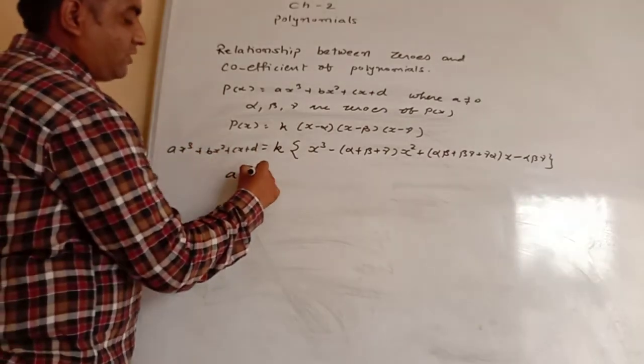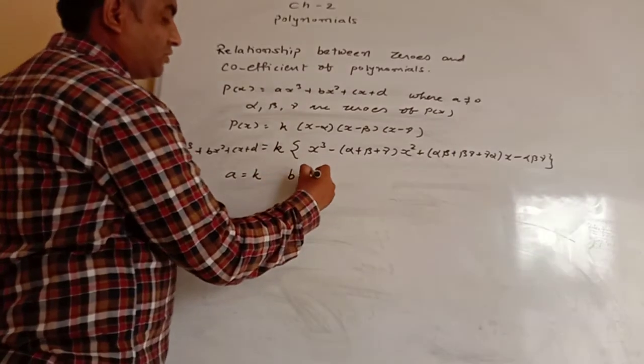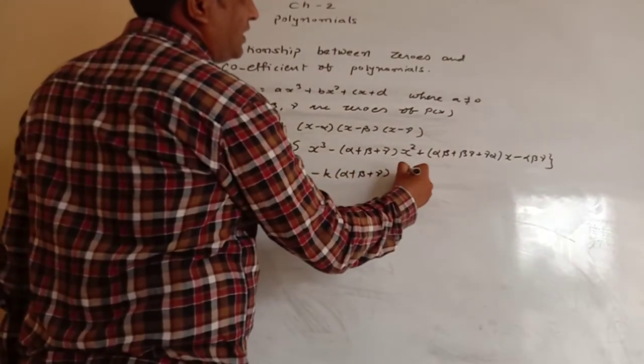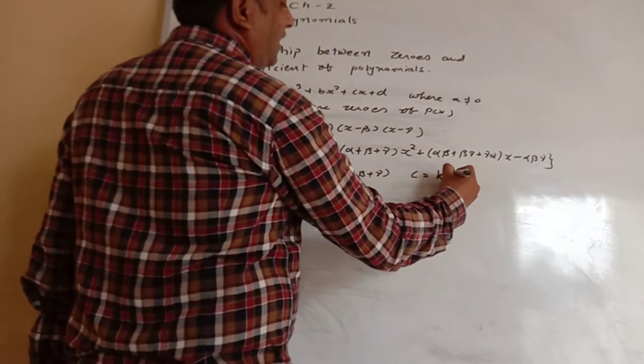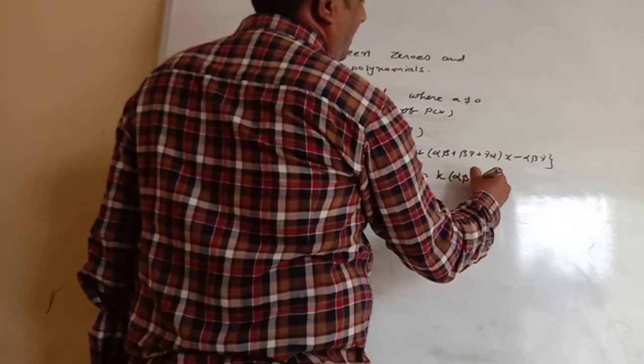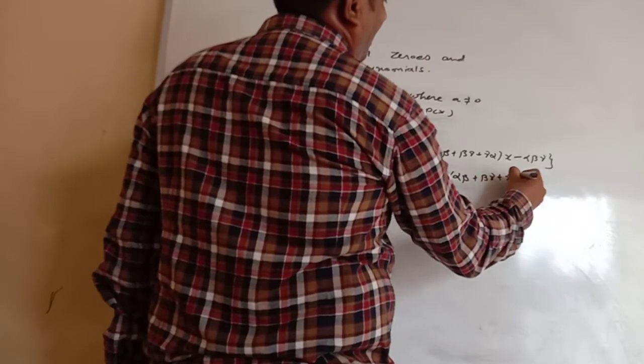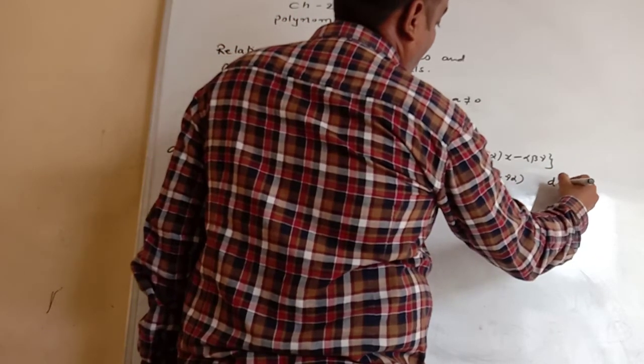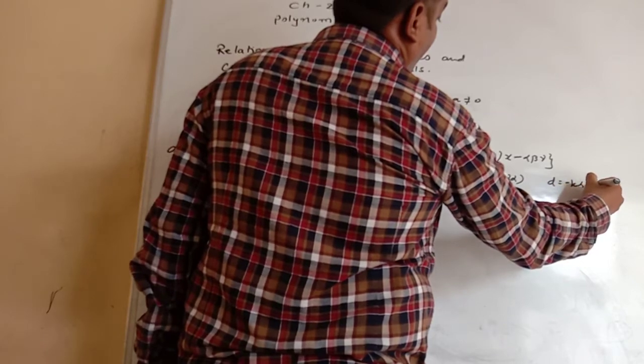We compare this format with ax cube plus bx square plus cx plus d. Then a equals k, b equals minus k (alpha plus beta plus gamma), c equals k (alpha beta plus beta gamma plus gamma alpha), and d equals minus k alpha beta gamma.